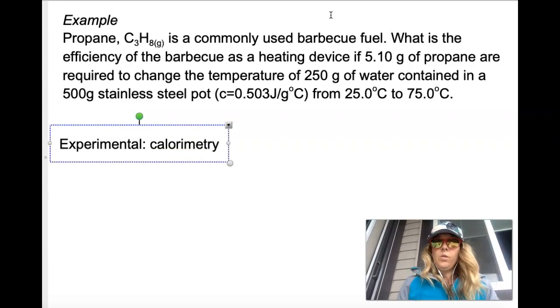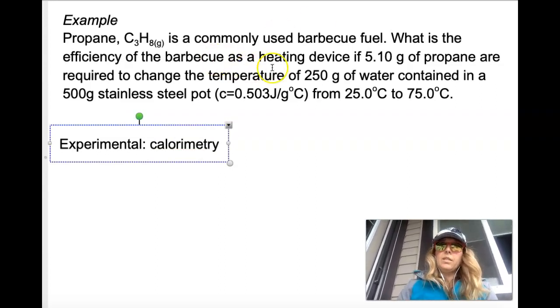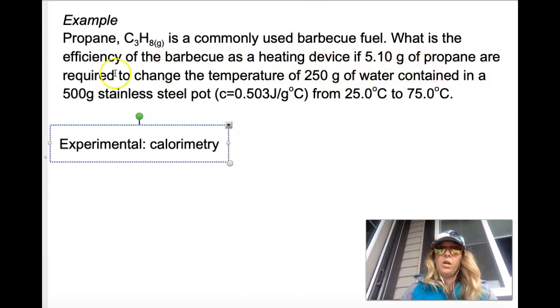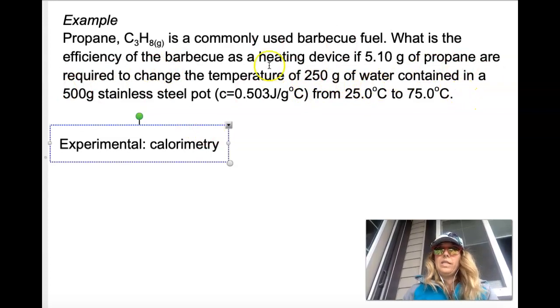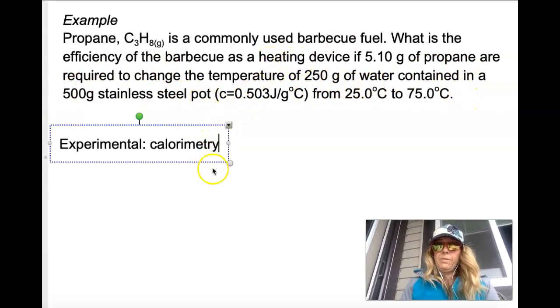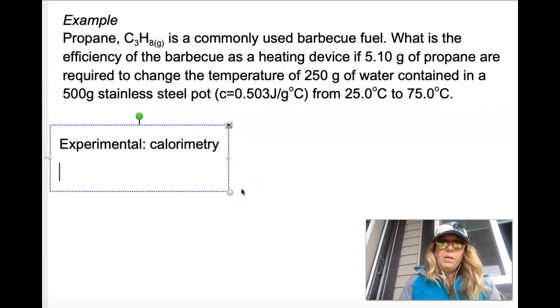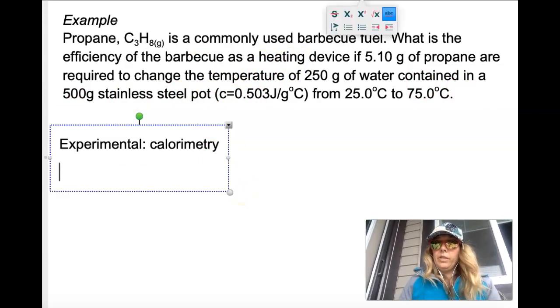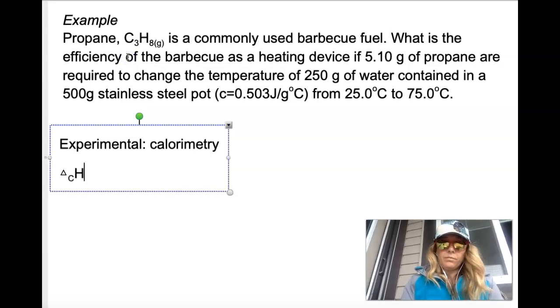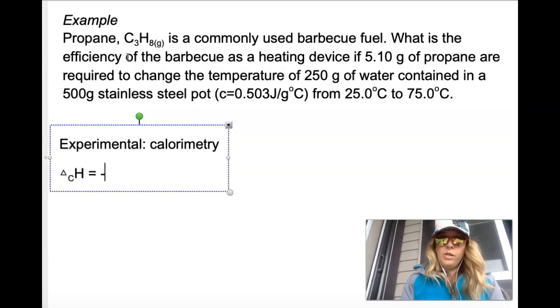And we're going to do that using all the calorimetry. So when we look at this question, it says, if 5.10 grams of propane are required to change the temperature of 250 grams of water contained in a stainless steel pot. So this barbecue is basically a flame calorimeter. So I have to be able to recognize that when I'm doing a flame calorimeter, when I go to calculate that delta CH, which is what we're calculating now, I have to do the negative, right?